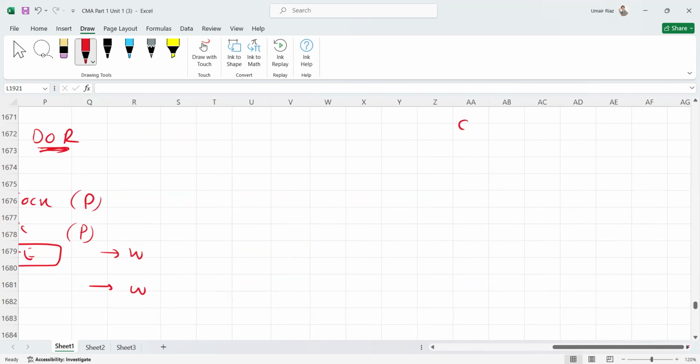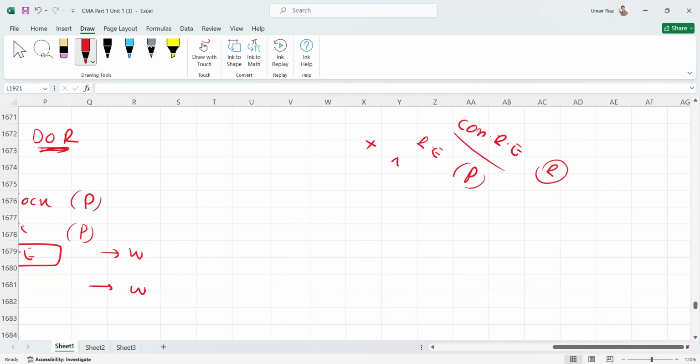So how do you calculate consolidated retained earning at reporting date? First of all, you need retained earning balance of parent. Whatever you have at the date of acquisition, that retained earning you will take.